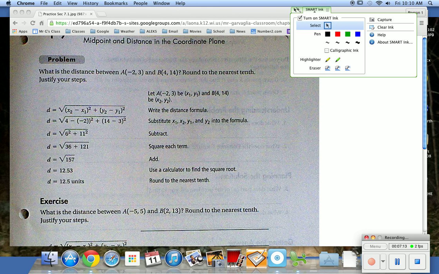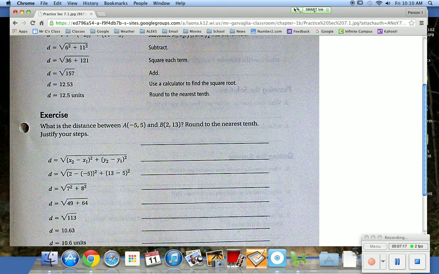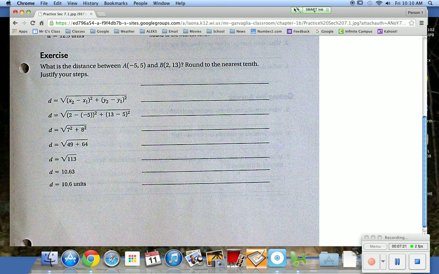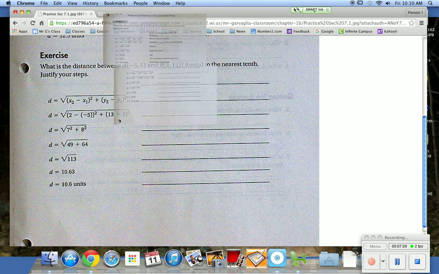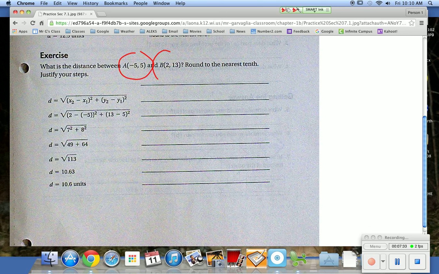Just a little different. It's not really hard. Let me take a look down here. This is just explaining the steps, what you're doing as you go down. I'm not going to worry about you guys doing this. If you're given these points here, I want you to be able to tell me the distance between those points.